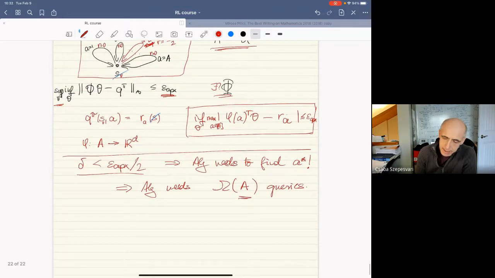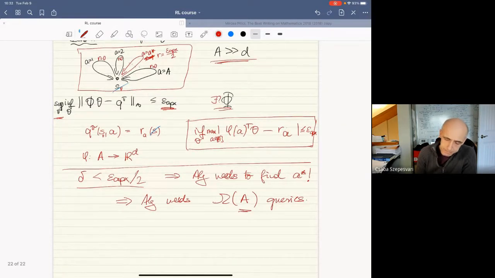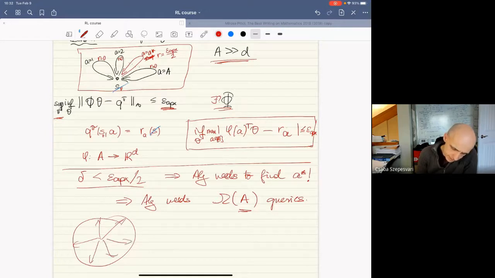And the idea here is that in high dimensional space, if you throw at random vectors uniformly distributed on the d-dimensional sphere, then these vectors tend to be orthogonal to each other.